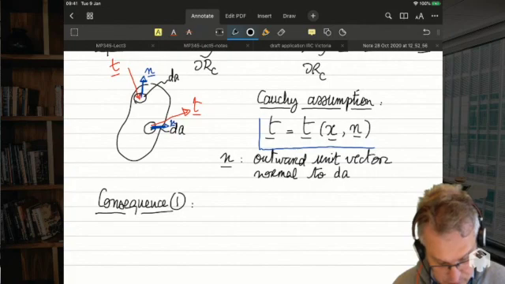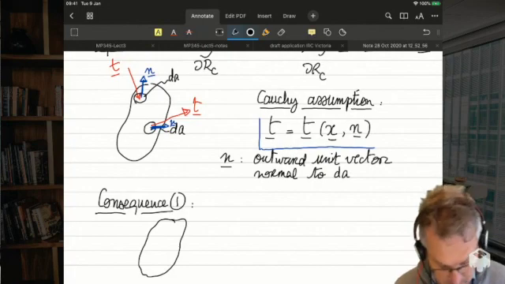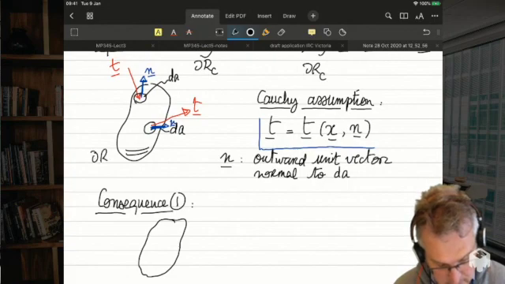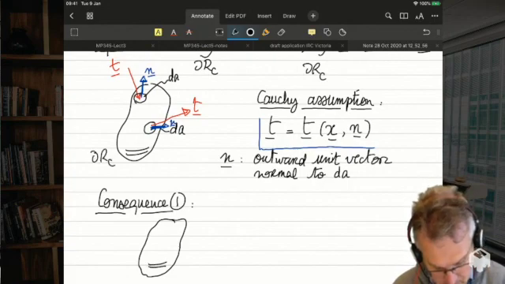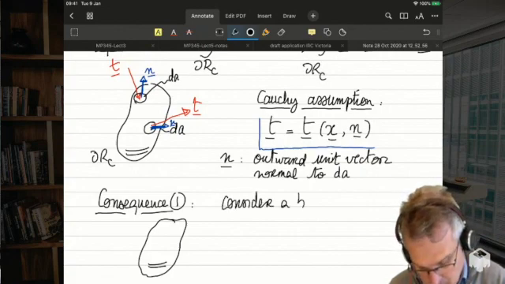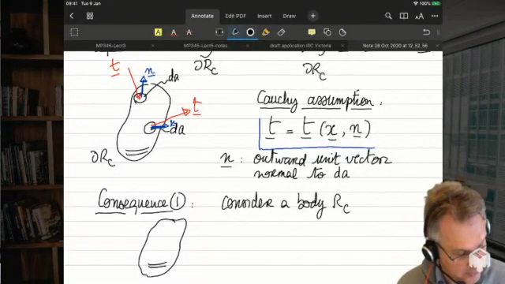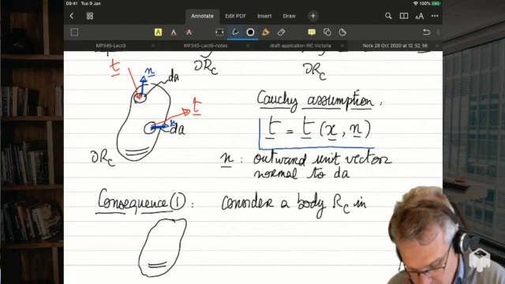I'll show you now where we're just going to do a thought experiment. So I have my body here, my potato, and I should have done this here. So I'm just going to say consider a body RC. So that's in the current configuration in equilibrium.